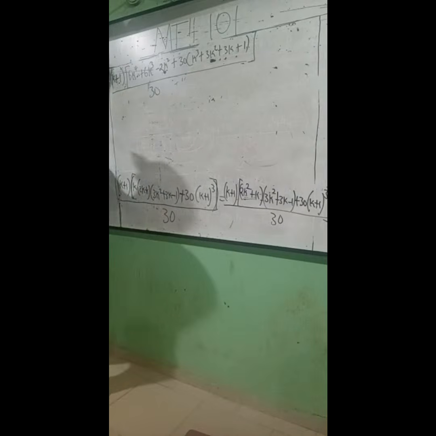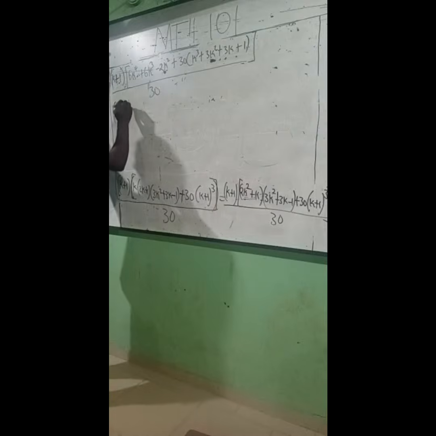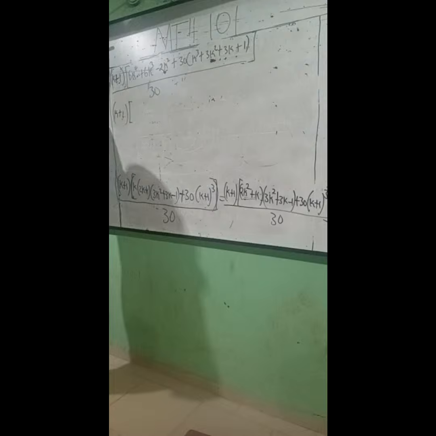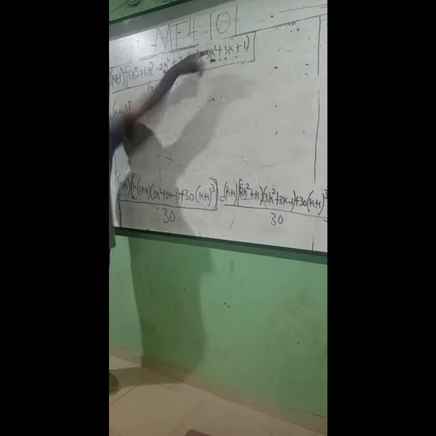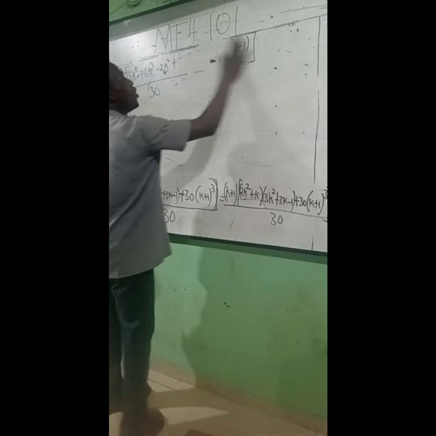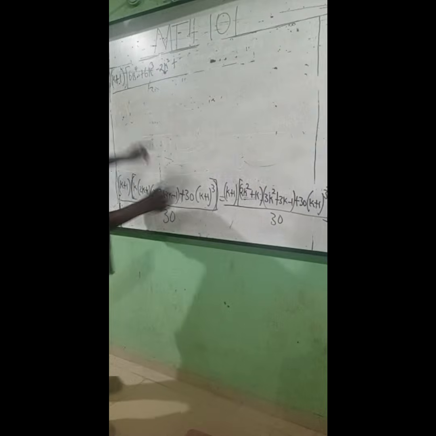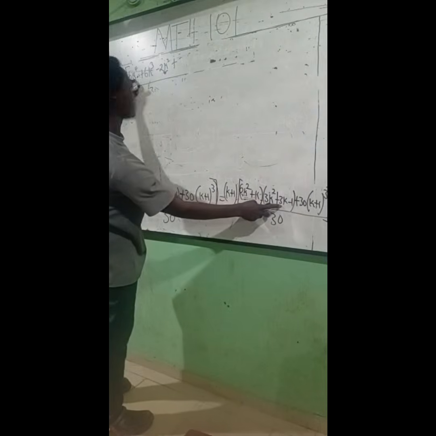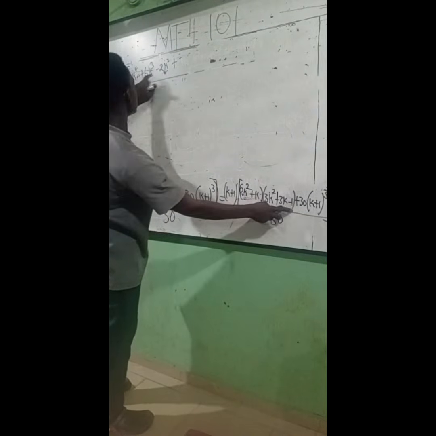So here now we have k plus 1. This times this times this times this.